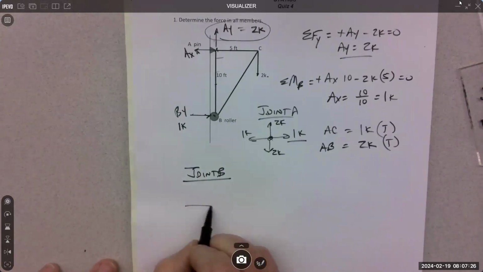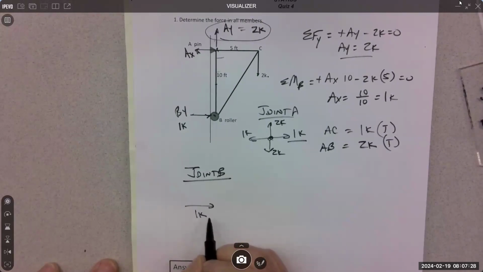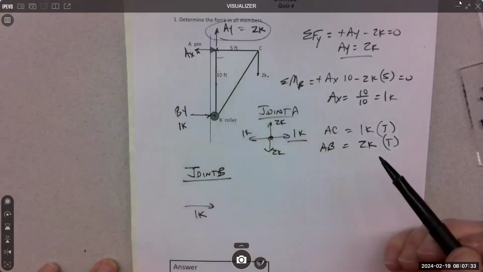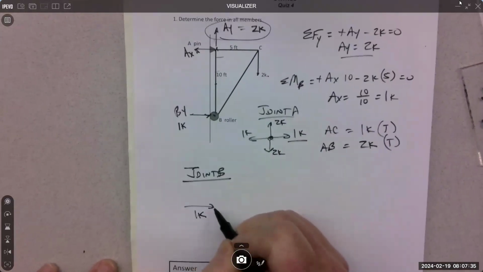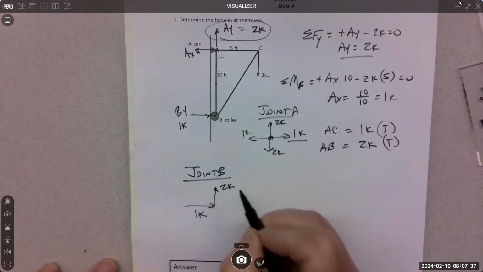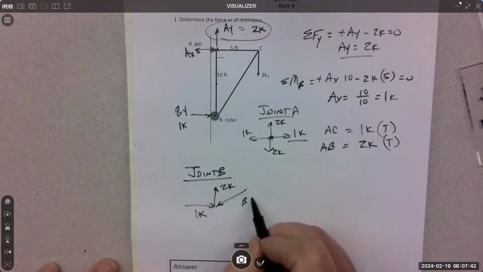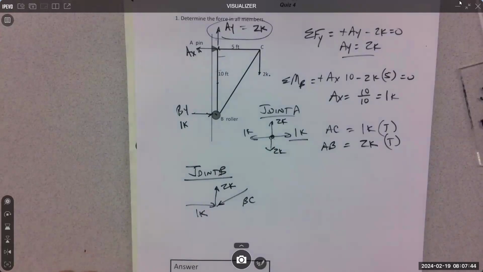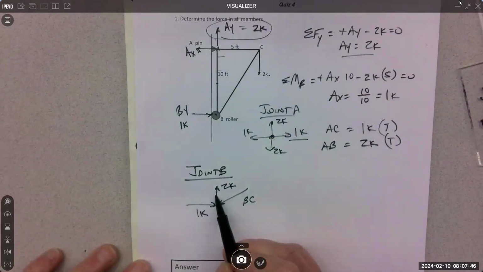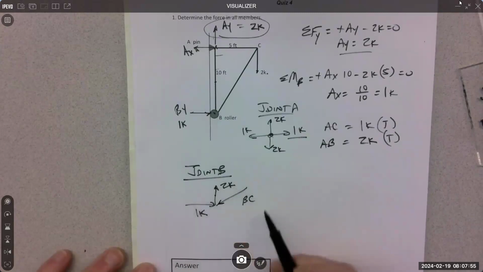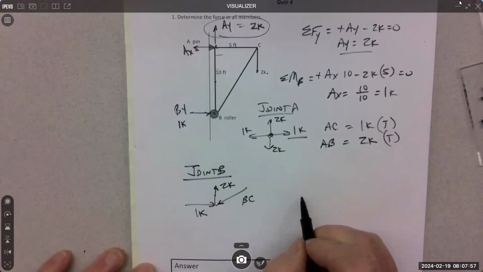Anyway, 1K in. We have AB, which is 2K away. And then this force BC coming in. It's got to come in because 2K goes away. So that is going to put BC in compression. And we just need to figure it out. This becomes a right triangle, is how I did it.